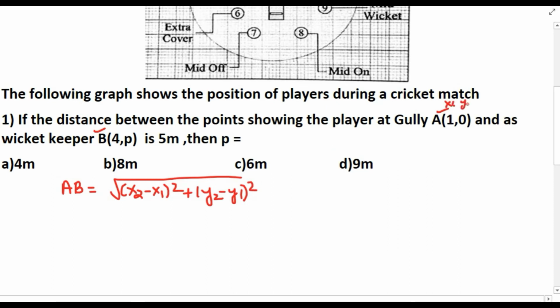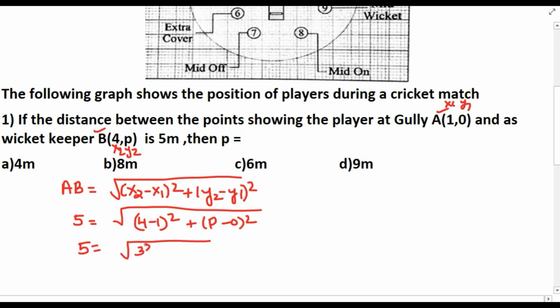So here this is x1, y1 and this is x2, y2, and the distance is 5 meter. Now 5 is equal to square root of (4 minus 1) the whole square plus (p minus 0) the whole square, so 5 equals square root of 3 square plus p square.